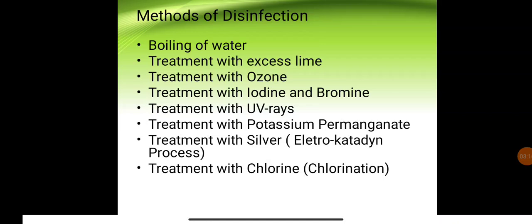In boiling of water, simply by boiling the water, the microorganisms get destroyed. The most effective method of disinfection is boiling, but it cannot be used for huge quantities of public water supplies. It also cannot take care of possible future contamination.